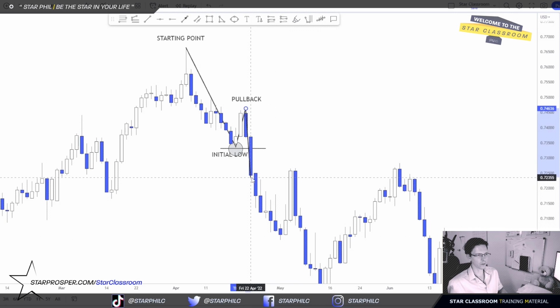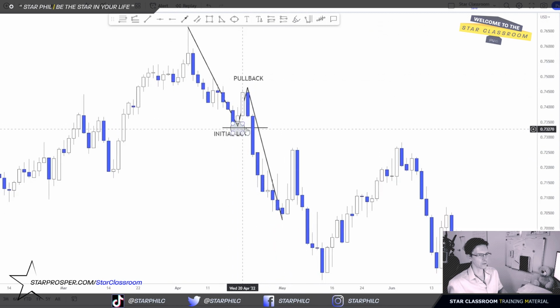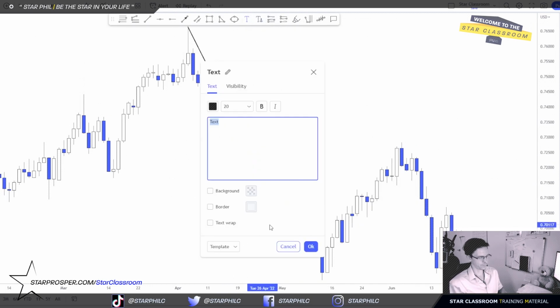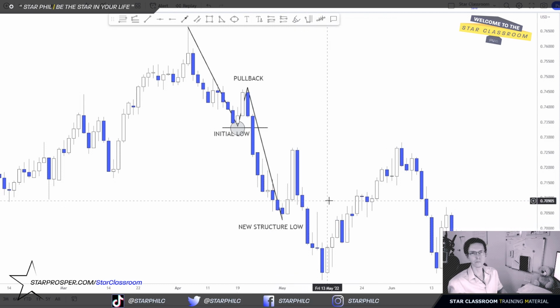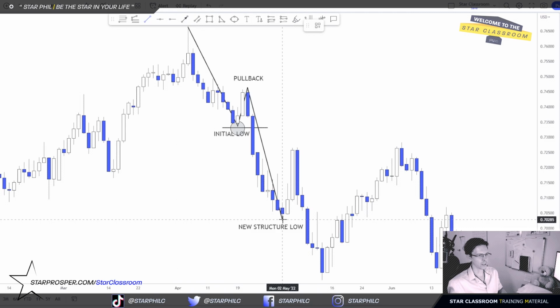And then price action continues moving down until we get a pullback here. So this structure level right here, price action moves past that, breaks and closes below, which gives us a what? A new structure low. Easy.